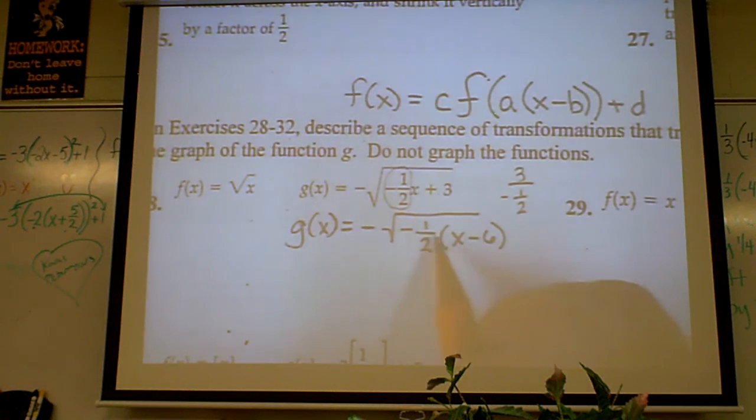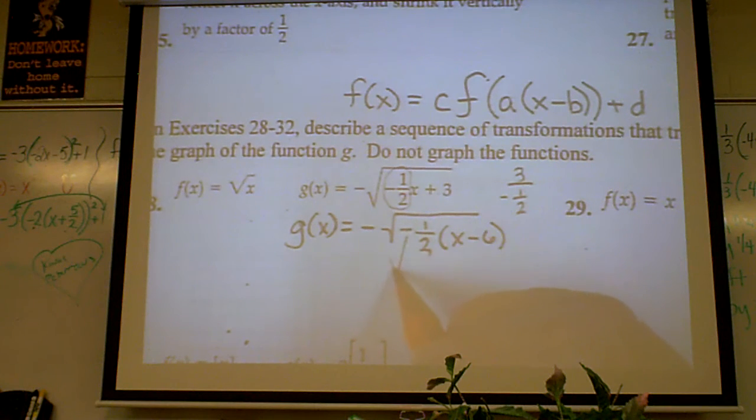Now, these two numbers, what did I say they affect? The X value. What you have to do is flip this number. Flip it, and what do you get? This one is going to be a compression. No, I'm sorry, stretch. It's a stretch, because when you flip it, it's a 2.